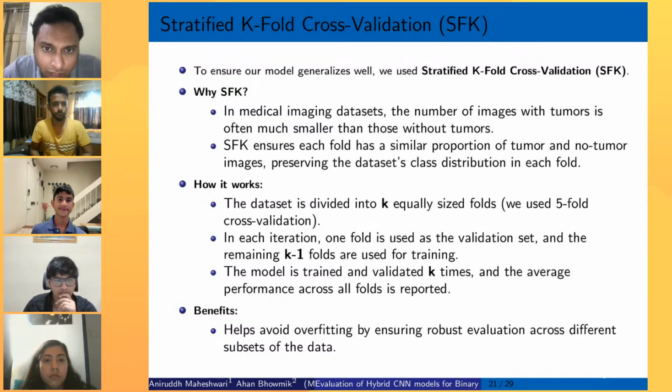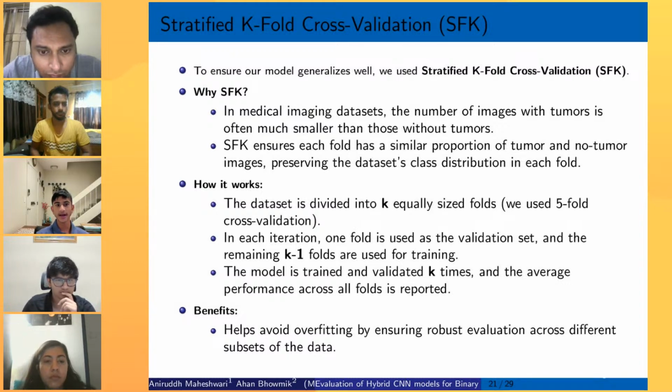How it works is that first we have a data set which is divided into k equally sized folds. We use five-fold cross-validation. For example, if our data set has 100 images, each fold has 20 images, and there are five folds.